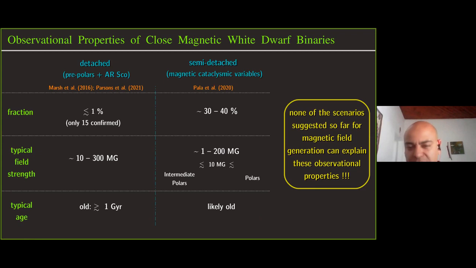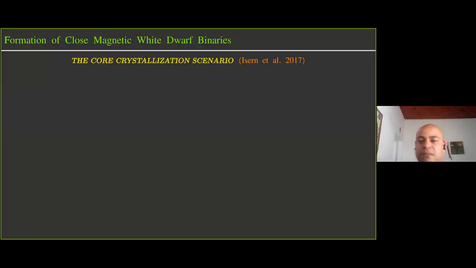This model is inspired by an earlier work by Isern et al. 2017, in which they claim that a dynamo similar to that operating in planets and low mass main sequence stars could also operate in white dwarfs.